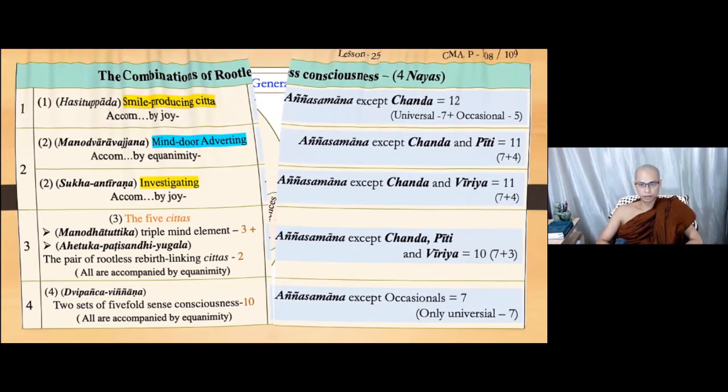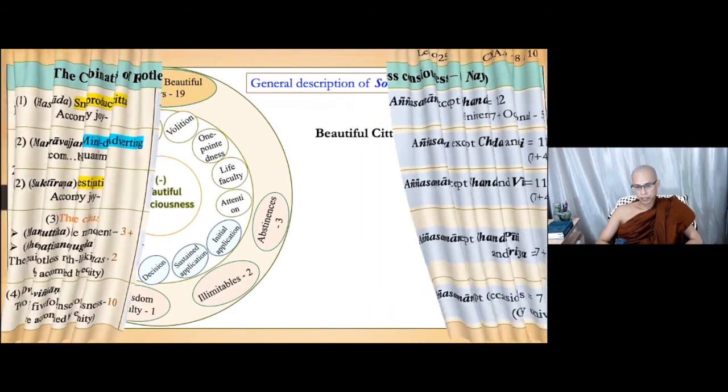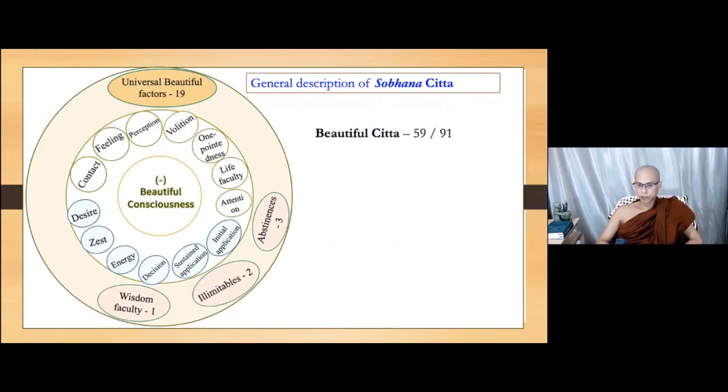So in the same way, we can continue for the beautiful consciousness. If we get any of the group of beautiful consciousness, we just need to consider how many mental factors can associate with the beautiful consciousness.